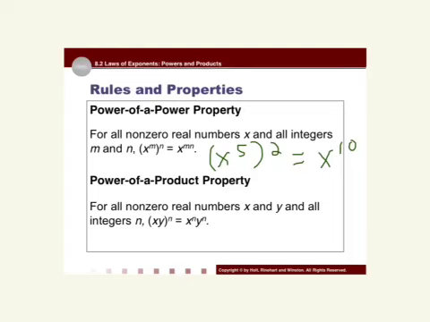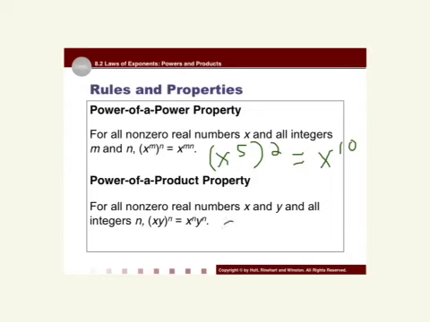Our second property today is a power of a product property. This property says for all non-zero real numbers x and y, and all integers n, x times y raised to the nth power is equal to x to the n times y to the n.